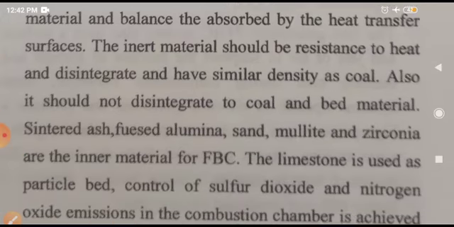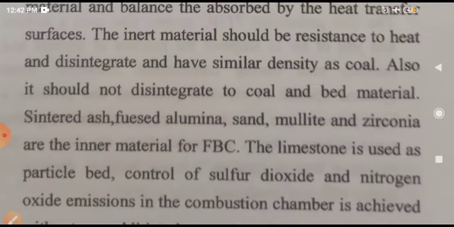The inert material should be resistant to heat and disintegration and have similar density as coal. Also, it should not disintegrate into coal and bed material. Sintered ash, fused alumina, sand, mullite, and zirconia are the inert materials of FBC.